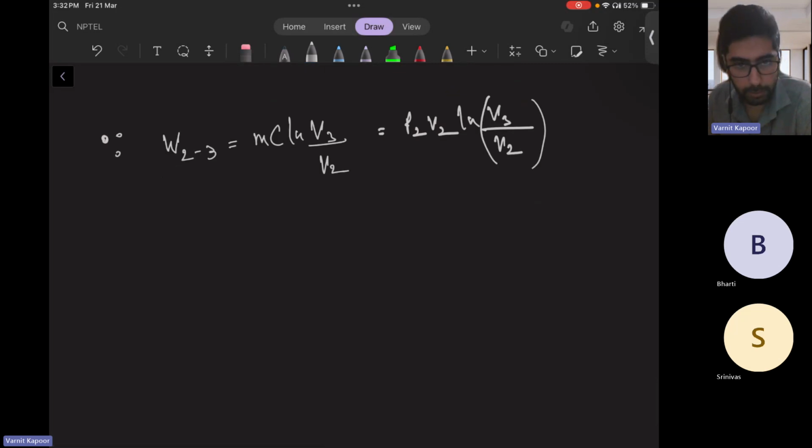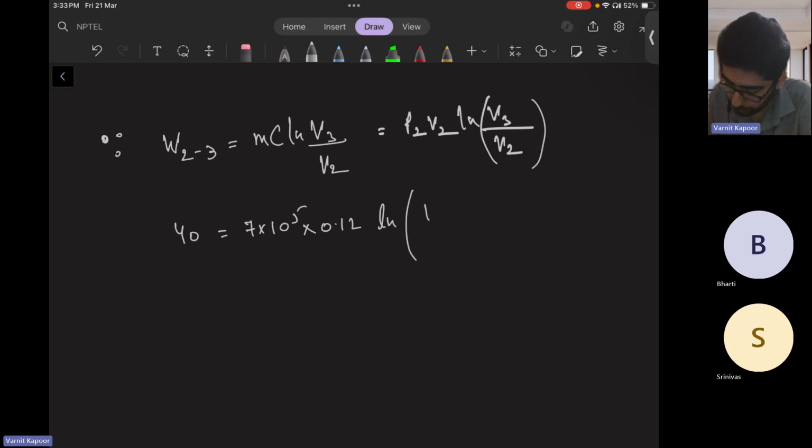So we know that for 2 to 3, we got 40 kilojoules. What is the pressure at the beginning of isothermal expansion? That is 7 bar, 7 into 10 to the power of 5. What is the volume at the beginning of the expansion? That is 0.12. ln of V3 you don't know, but you know 0.12.